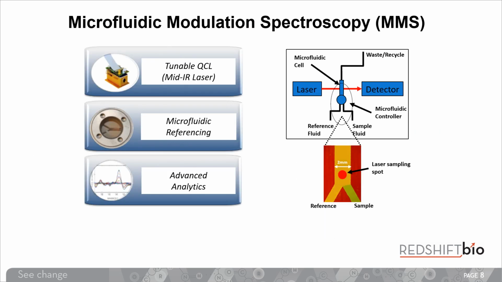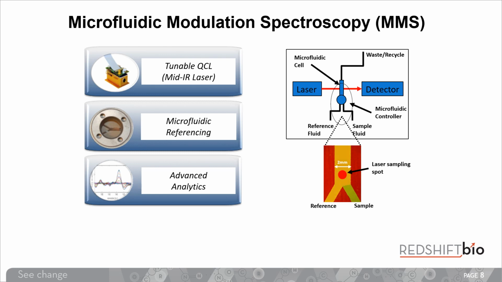The AQS3 Pro is based on a measurement technique we developed called microfluidic modulation spectroscopy, or MMS. It utilizes three main components: tunable QCL, which is a type of mid-infrared laser; microfluidic referencing, which takes care of our background subtraction; and advanced analytics, which converts our spectral data into structural information. The schematic on the right shows you the basic layout of an MMS system.